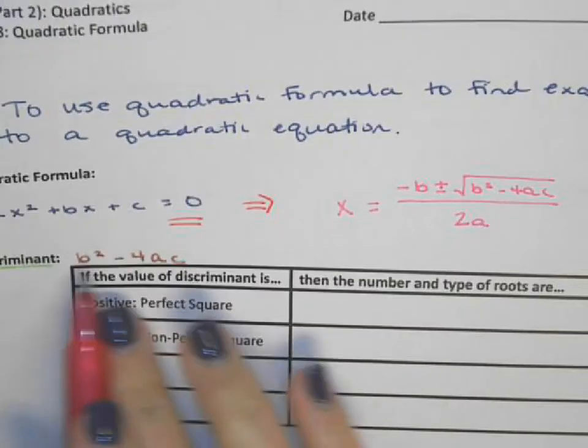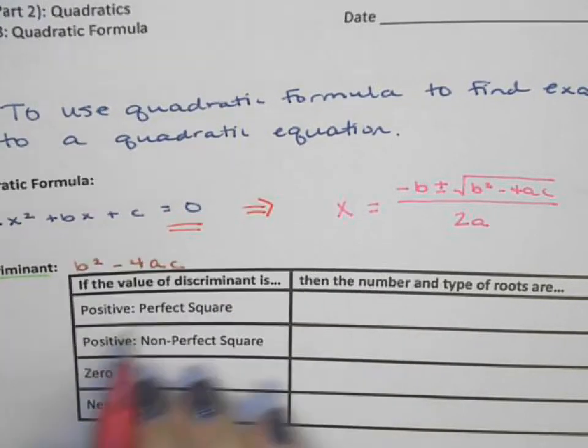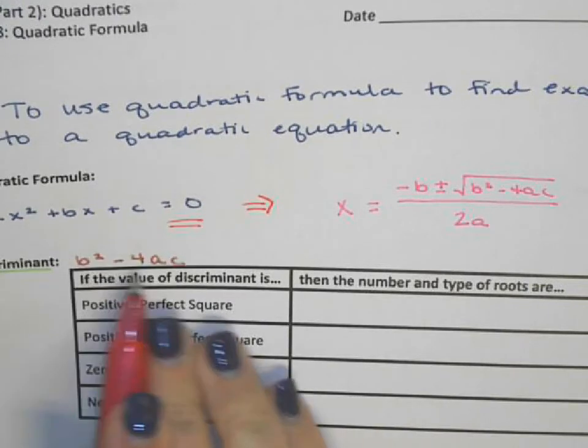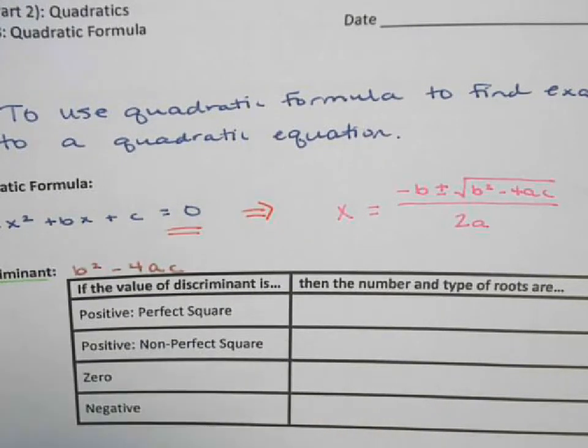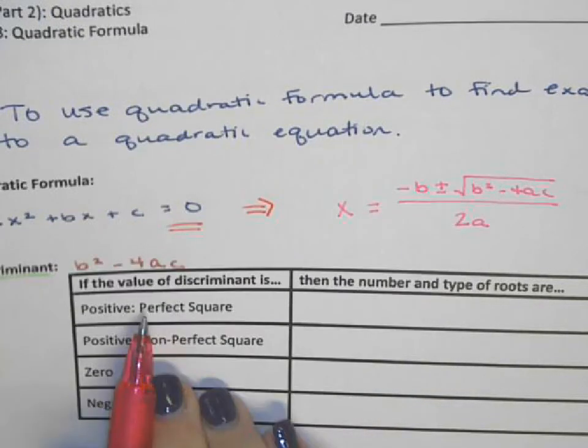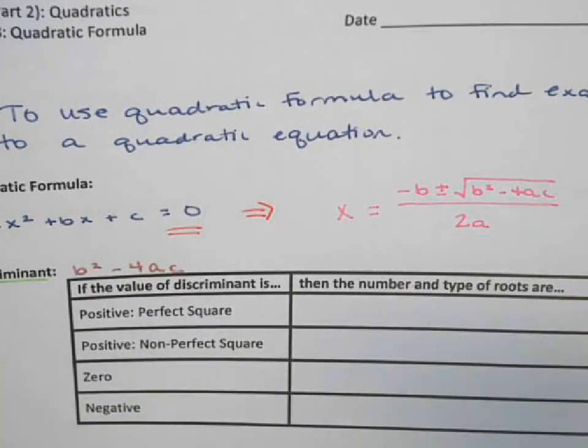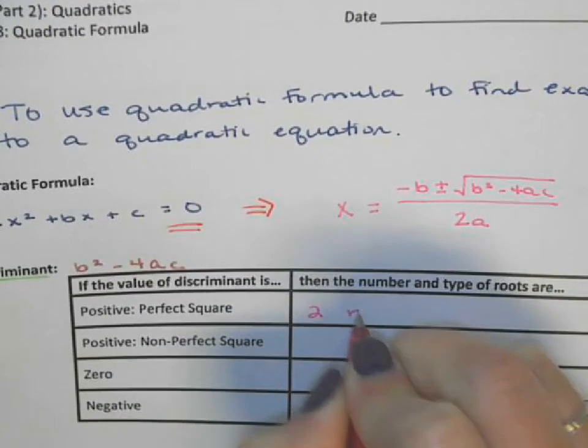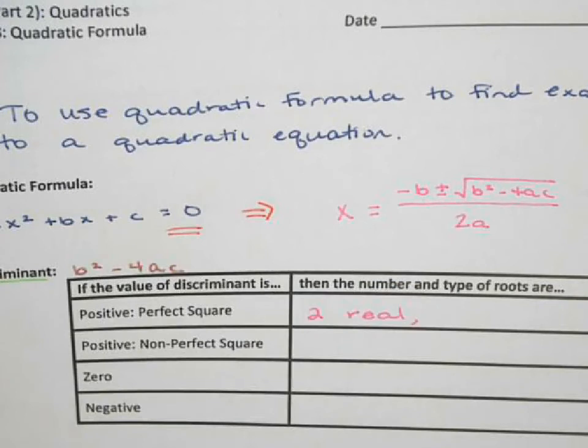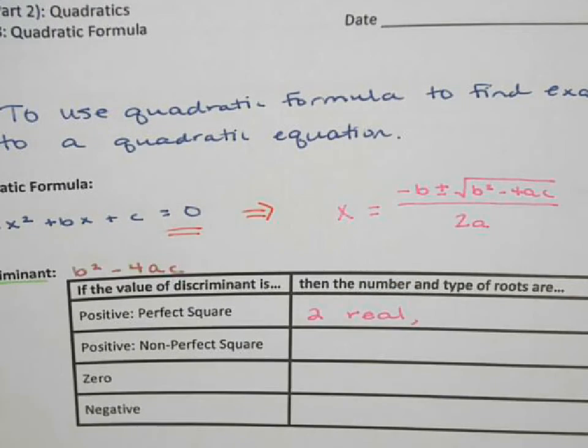If this value is positive, you have two different options. Can you take the square root of it? If you had the square root of 16 or 25 or 36, when you take the square root you get a nice number, correct? If this number is a perfect square, then our answer is going to be 2 solutions. They will be real because since it's positive, I can take the square root.